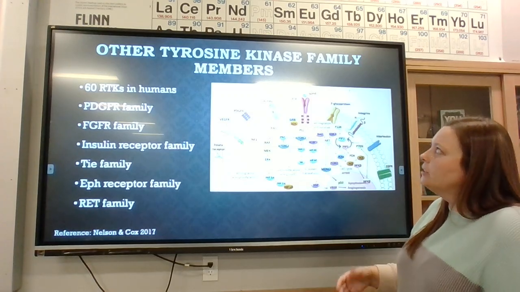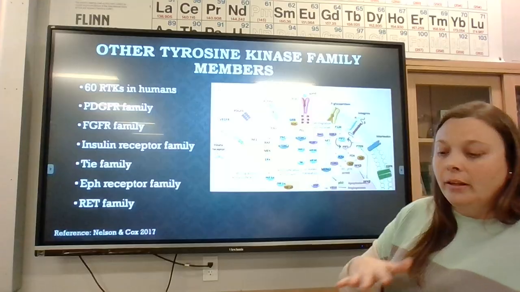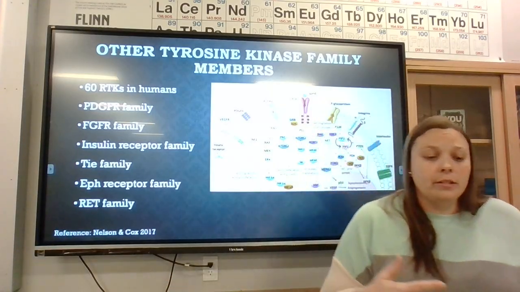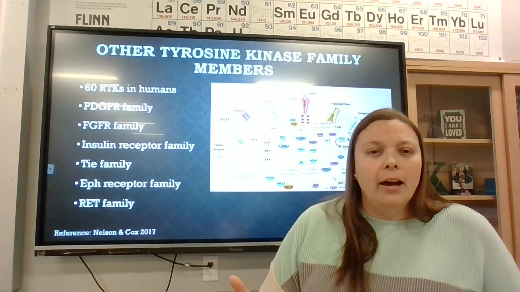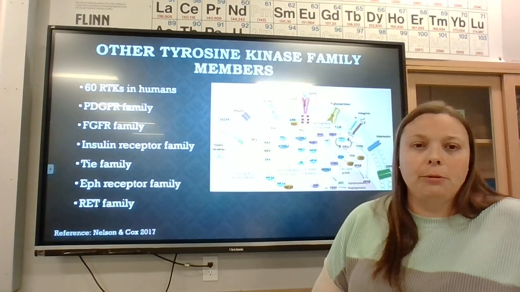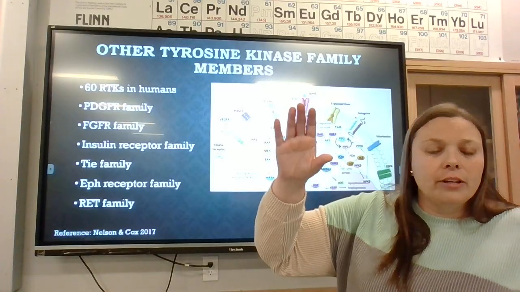Now, there are several different members of the tyrosine kinase family. I have only talked about 2 of those today just due to time constraints as well as depth. But a lot of these different tyrosine kinase family members work in similar fashion. Again, we have that extracellular space.